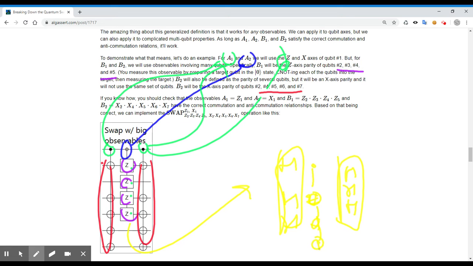So basically, Craig is using his axis control notation, which is more compact, because you would need to do the Hadamard sandwich to calculate the parity on the Z-axis, because you cannot, like, the controlled-not way to do that is the way you do it in the X-axis.